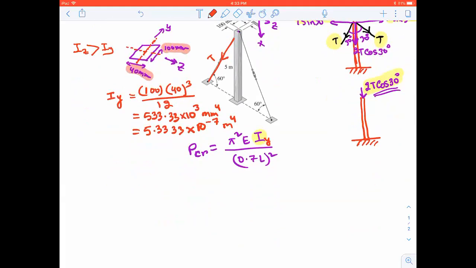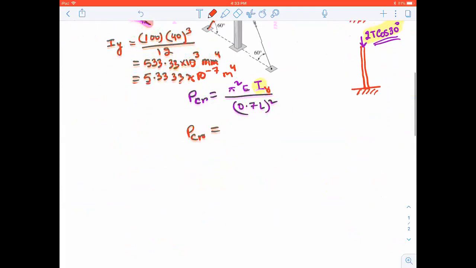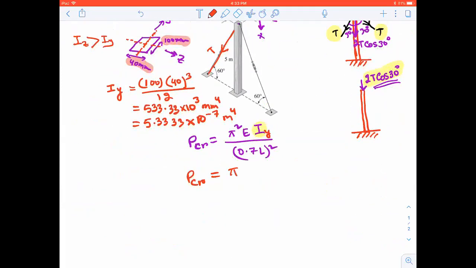Now you can easily plug in the values. The modulus is 10 gigapascal, so pi square times 10 times 10 to the power 9. My Iy is 5.3333 times 10 to the power negative 7.